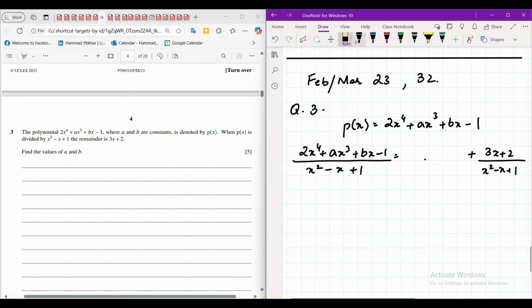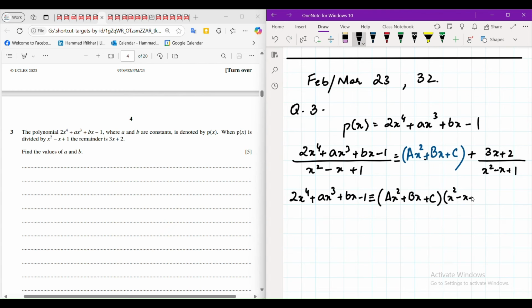So when we rewrite this, a and b are already used, so let's use capital A x^2 + B x + C. So when we rearrange this, we can rewrite it as 2x^4 + ax^3 + bx - 1 is identical to (Ax^2 + Bx + C) times (x^2 - x + 1) plus 3x + 2.